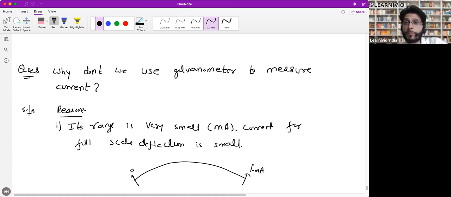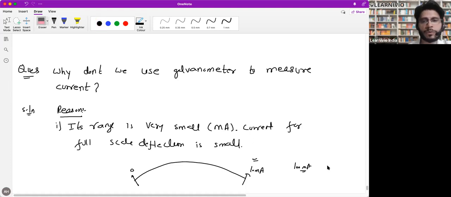Even if you pass 100 milliampere through it, you can't measure it, because beyond 10 milliampere there is nothing. Once you have passed 10 milliampere, the deflection is maximum. It can't deflect further. That's the one thing. Its range is very, very small.